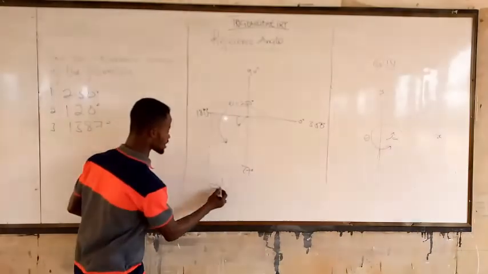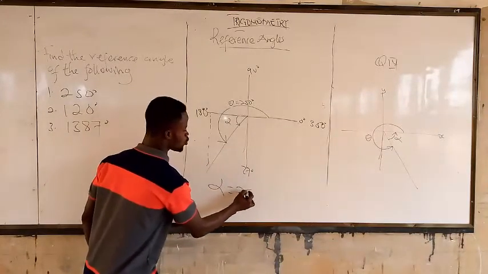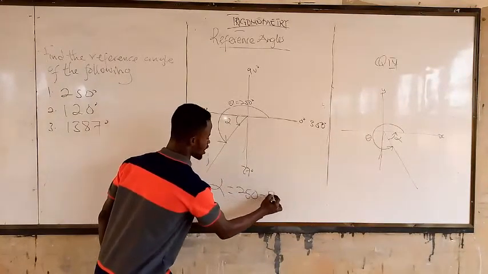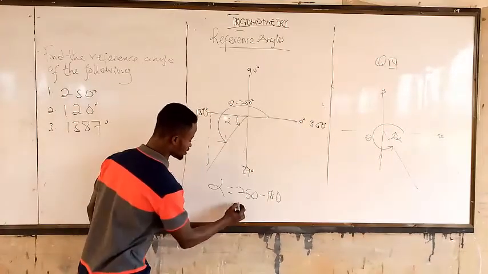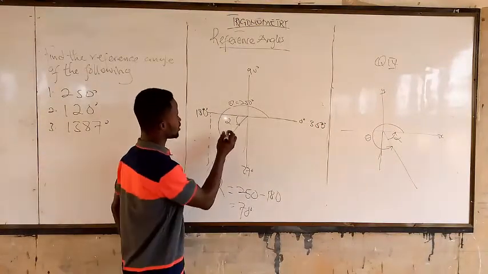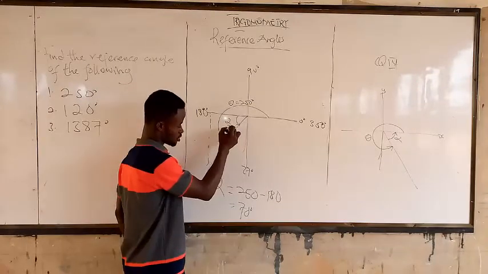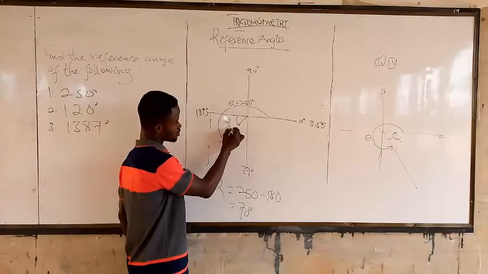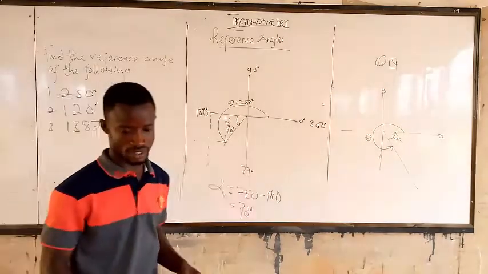So the reference angle alpha is just going to be equal to 250 minus 180, and that is 70 degrees. So the reference angle for this is going to be 70 degrees.